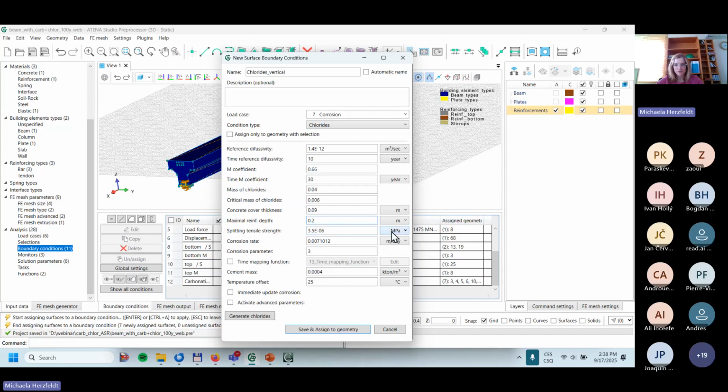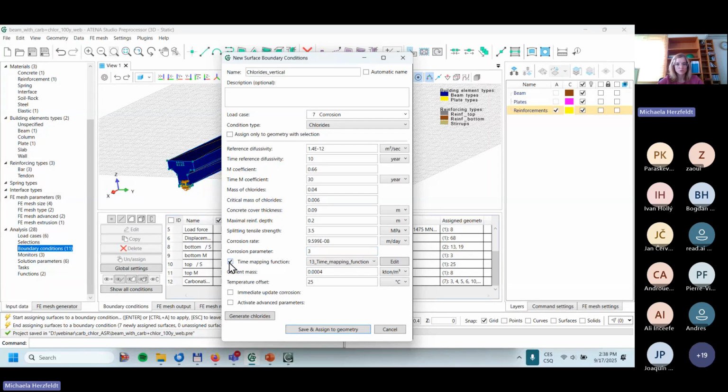Here, splitting tensile strength, this is unfortunately incorrect. That's really small, but it should be something like 3.5 megapascal. And this one is actually pretty high. It should be smaller. Something like this.